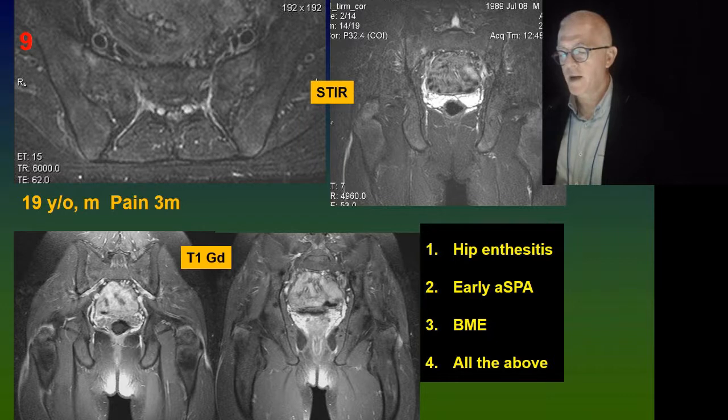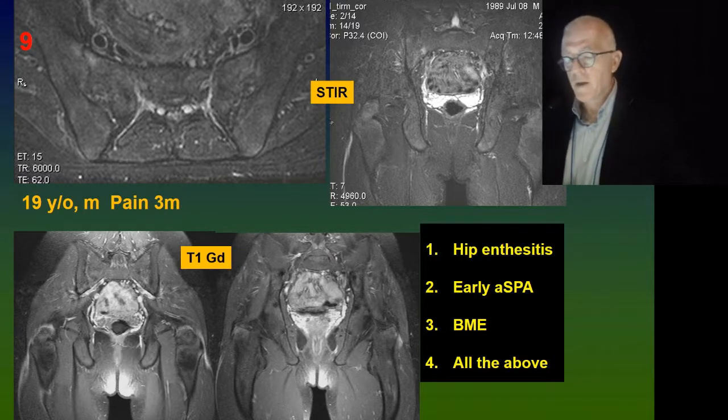Okay, equally divided, but none has seen the hip enthesitis. Okay, the correct answer is the fourth one, actually, because we have all of the above, and I will tell you what I mean. Can we go back to the images?